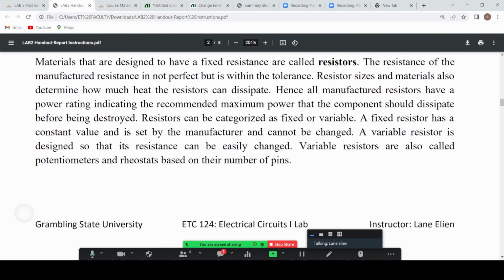Again, we already said that components that are designed to have fixed resistance are called resistors. The resistance of manufactured resistors, that's a typo here, is not perfect but within a particular tolerance. Like we said, no manufacturing process is 100% accurate or precise.